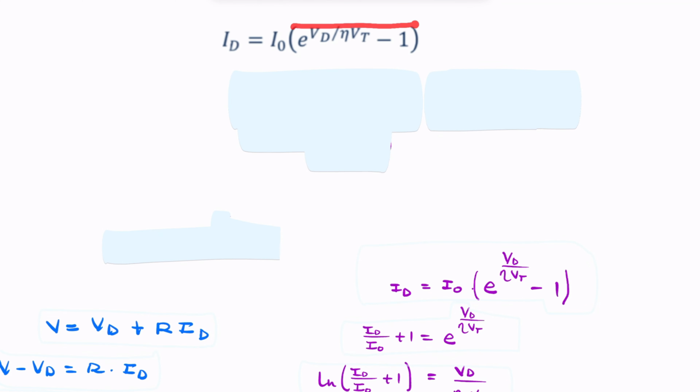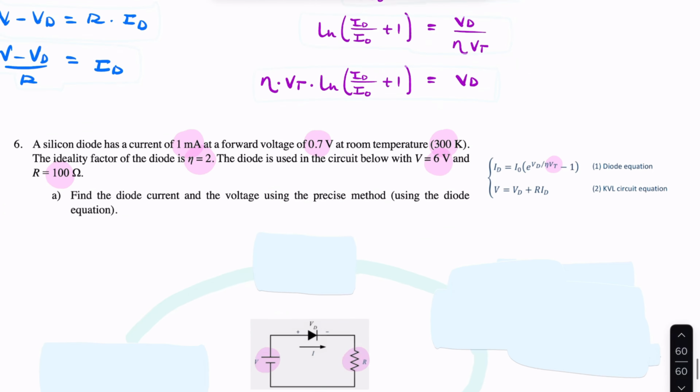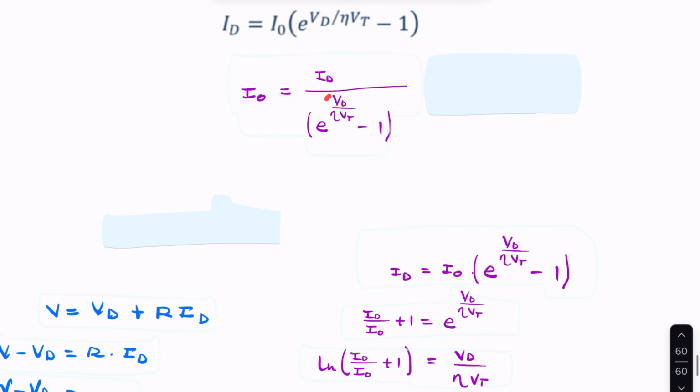If you divide both sides by this expression in brackets, that gives you an expression for I0. Now we can use the value given in the question, 1 milliamp, here.